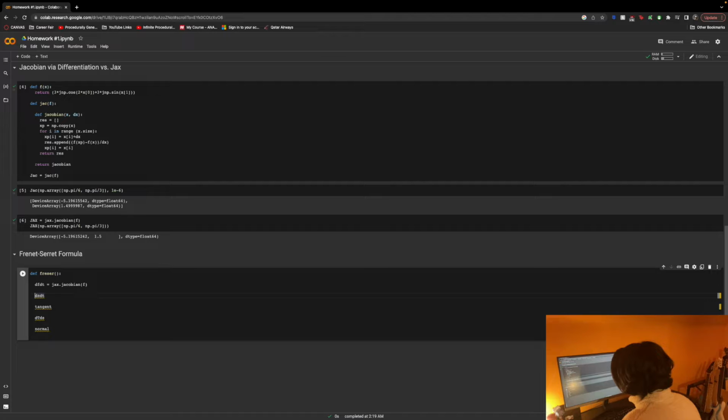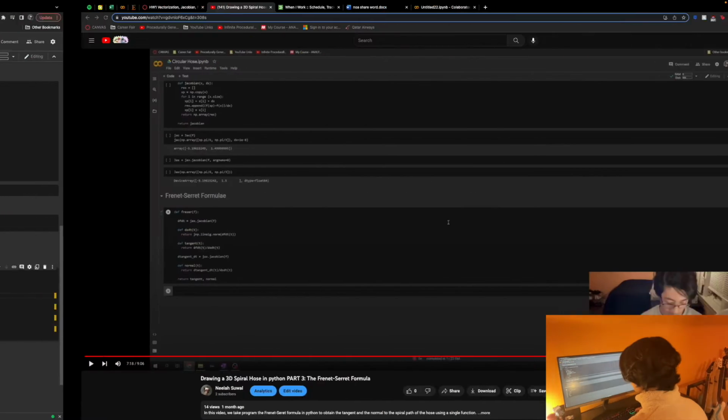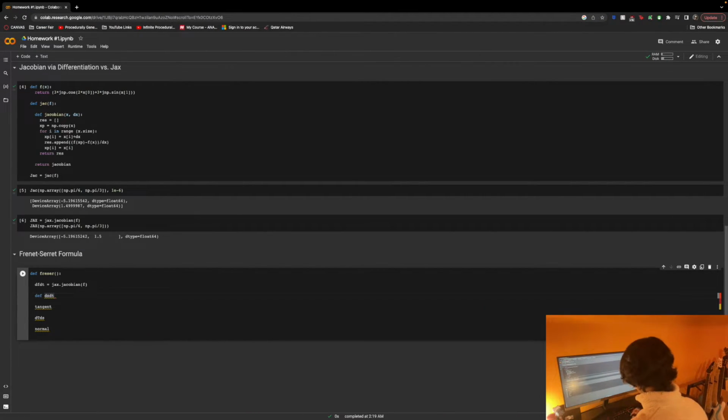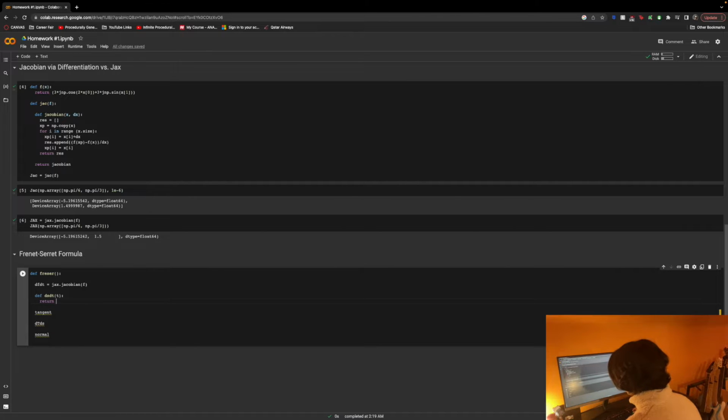Now we want to calculate ds/dt, so I'm going to define that as a function, and this takes t as input, and it will return. We've already established that ds/dt is simply the magnitude of our df/dt. So an easy way to do this in Python using JAX is that we use jax dot linear algebra dot normalize, and we'll feed our function df/dt to it at t. So that gives us ds/dt.